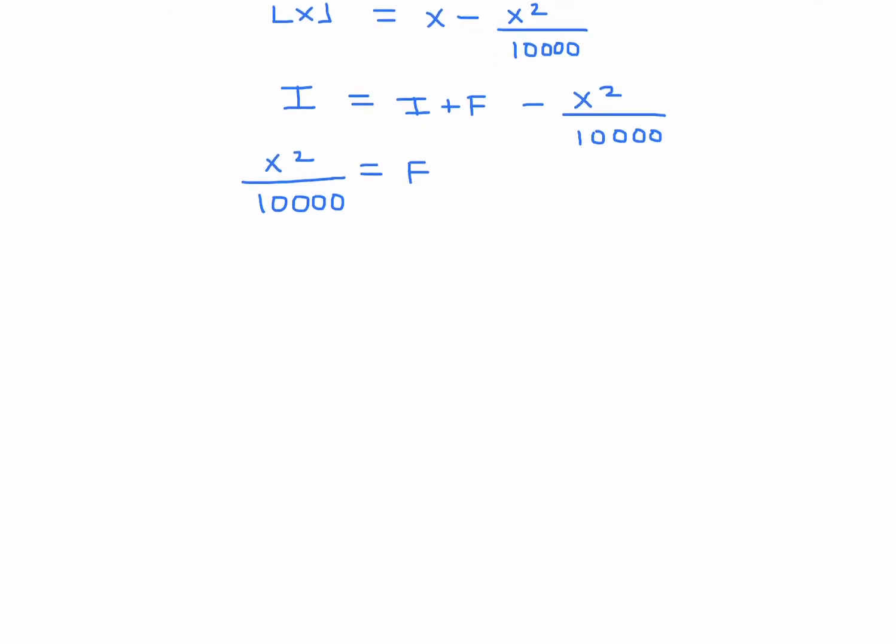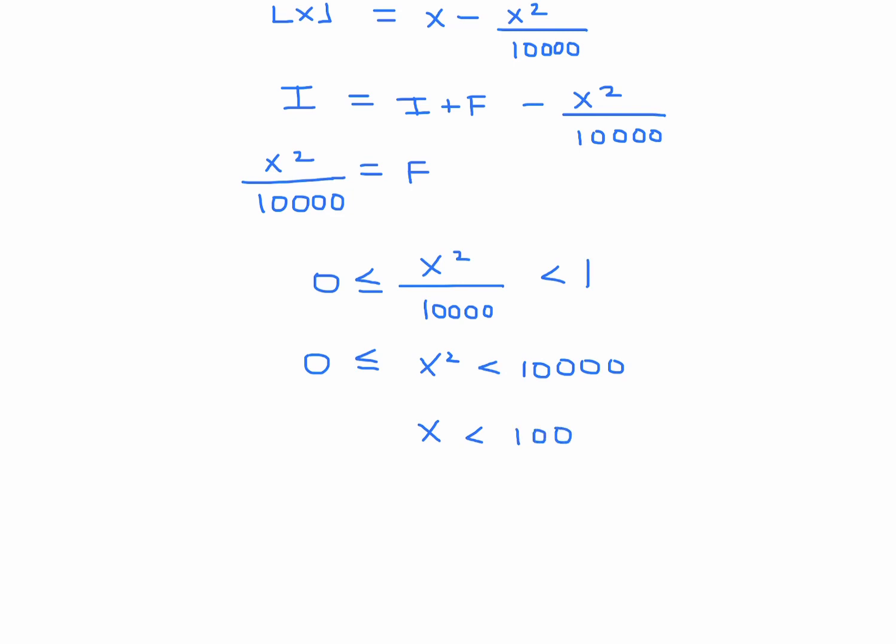So that means that this x squared over 10,000 is less than 1, but greater than or equal to 0. Multiply through by 10,000, and we get x squared is less than 10,000, or greater than or equal to 0. And therefore, x is going to be between 100 and negative 100.